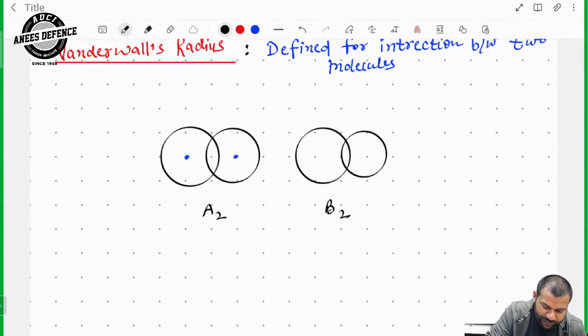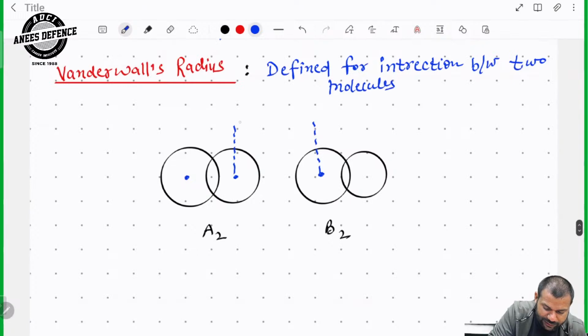So the distance between these two atoms, let's say this distance is D. And if you take half of this distance, you will get the van der Waals radius, because both the molecules will have some interacting region.